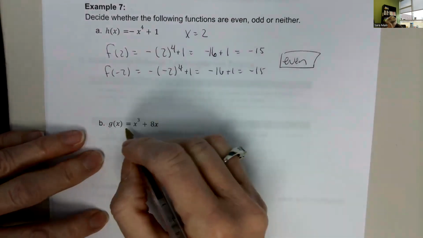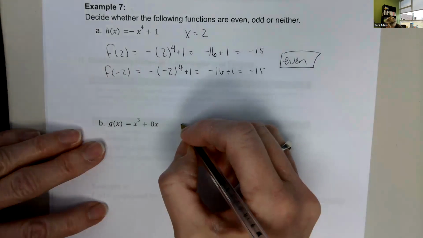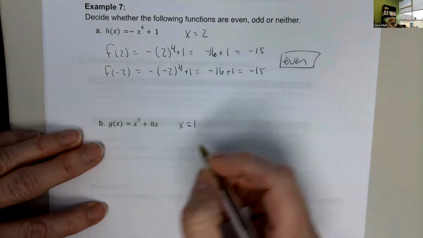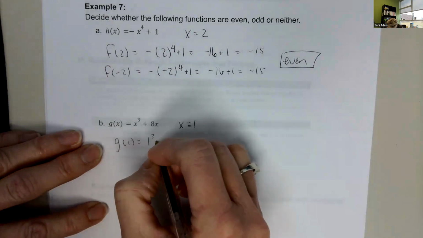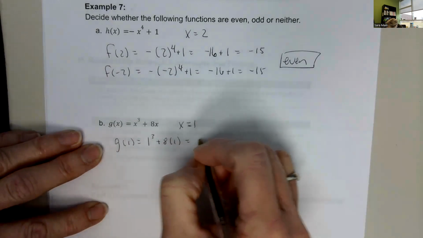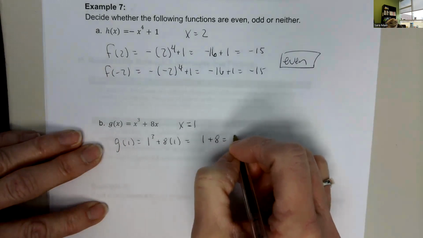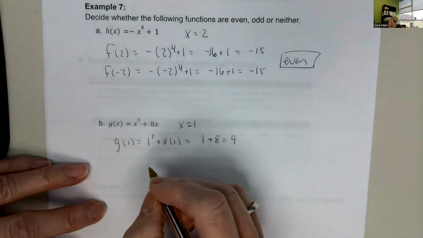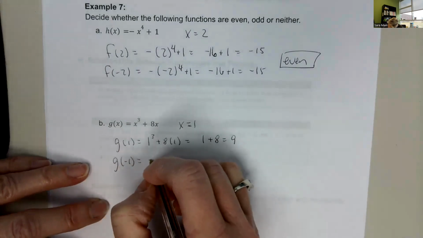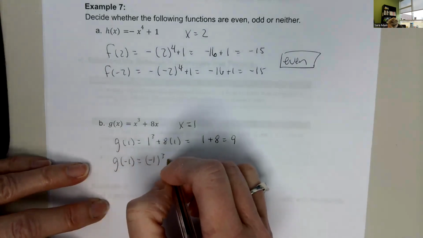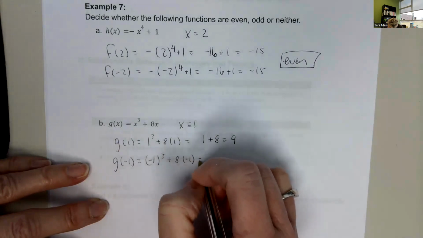Now, let's look at g. Let's let x equal 1, that's just easier. So g of 1 is 1 cubed plus 8 times 1, which is 1 plus 8, which is 9. And let's put in g of negative 1. So that would be negative 1 cubed plus 8 times negative 1.